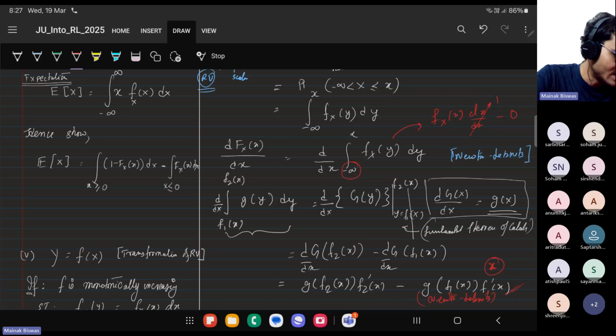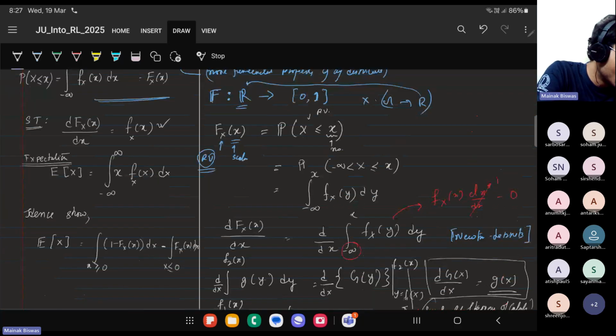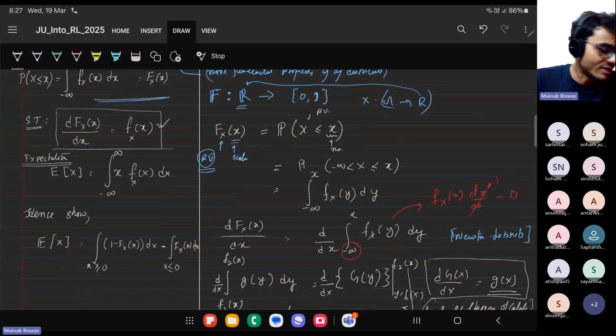Fine. So now I see that the derivative of the CDF is the density function. So we have a nice relationship. Next, yesterday, let us just see a few things.